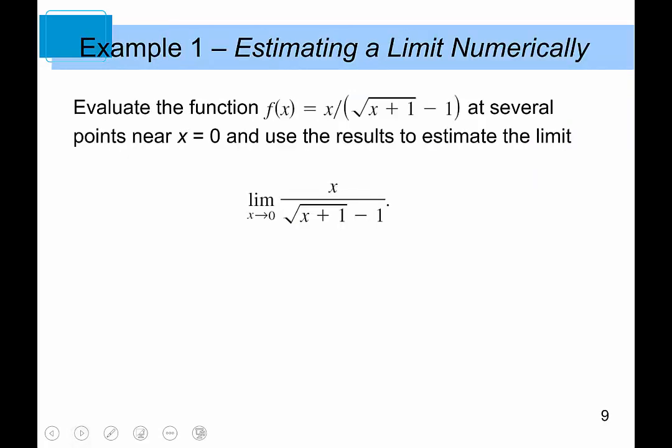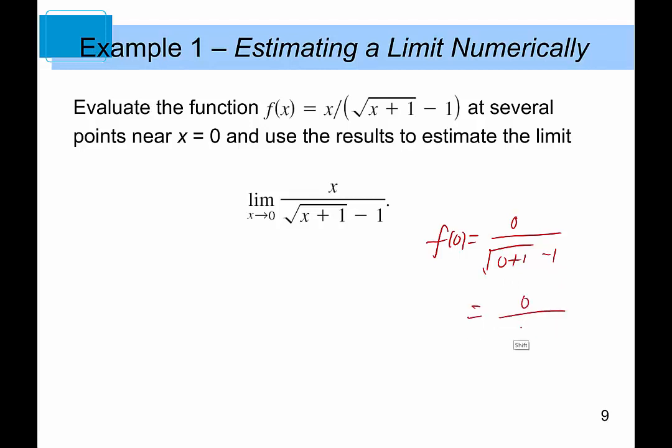So let's take a look at evaluating the function f of x equals x over the square root of x plus 1, minus 1, at several points near x equals 0, and then use the result to estimate the limit. If you do direct substitution, meaning you just plug in x equals 0 into this function, you're going to have 0 over the radical of 0 plus 1, minus 1.